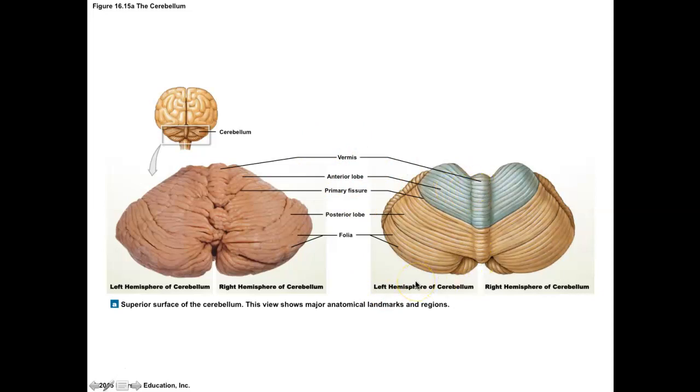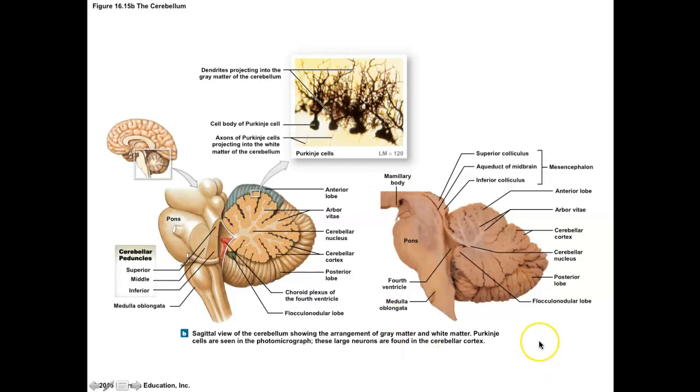All right, inside, if we were to section our cerebellum, we would find white matter branching in a very distinct pattern that looks like branches of a tree. So that branching pattern of white matter is called the arbor vitae, this term right here, tree of life.